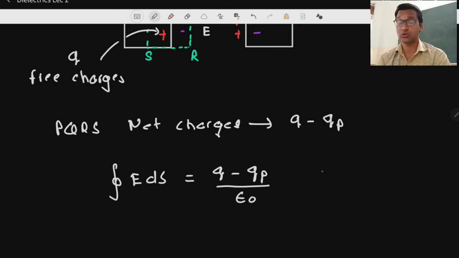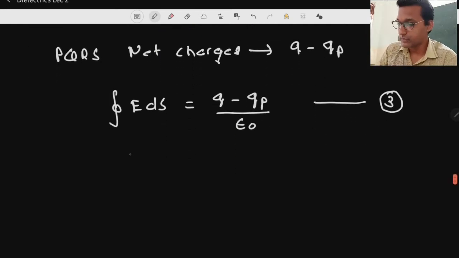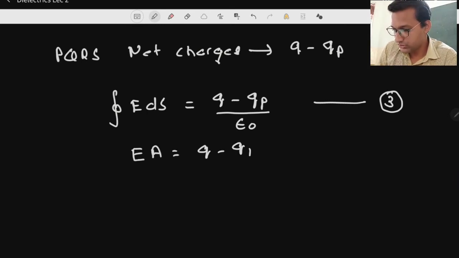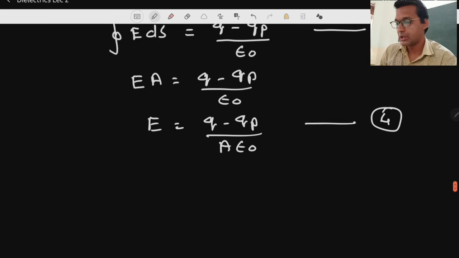Let us name this equation number 3. If we solve this, we get EA is equal to Q minus QP divided by epsilon naught. So E is equal to Q minus QP divided by A epsilon naught. Let us name this equation number 4.